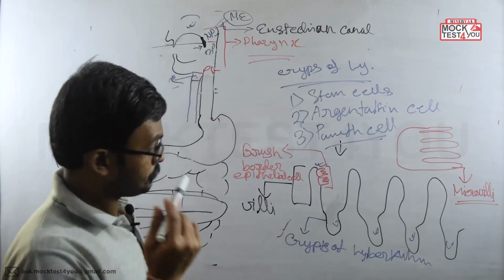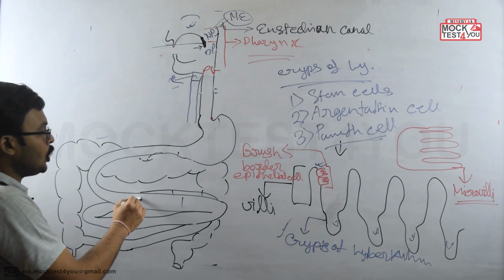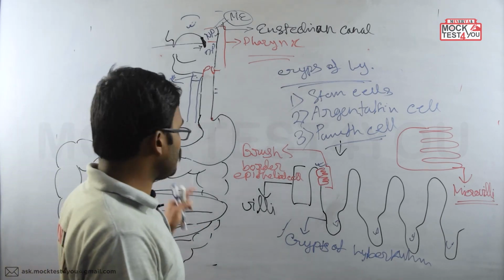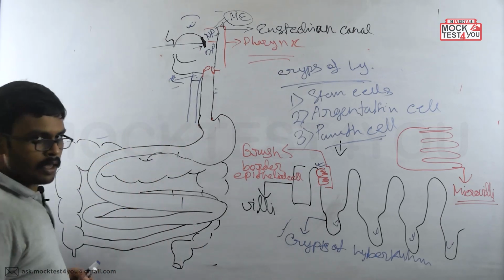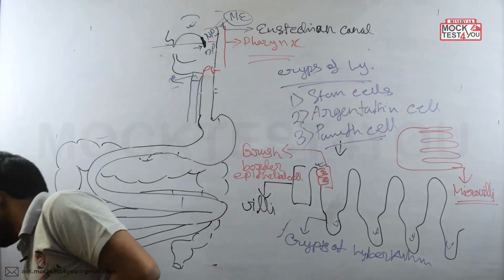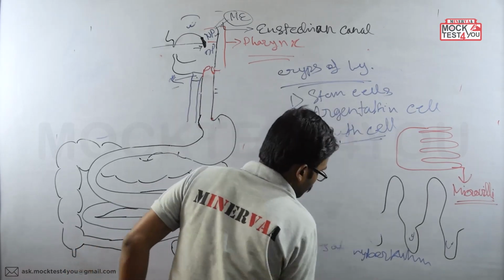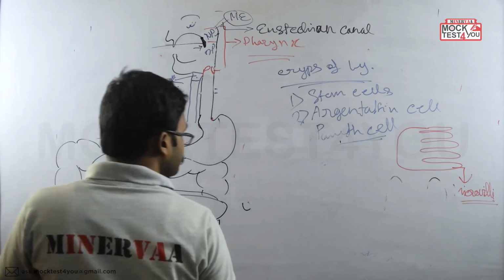Next, after this, those glands which are present only in the duodenum. Here in the duodenum region, one more type of gland is present. If I draw, which gland is present over here?